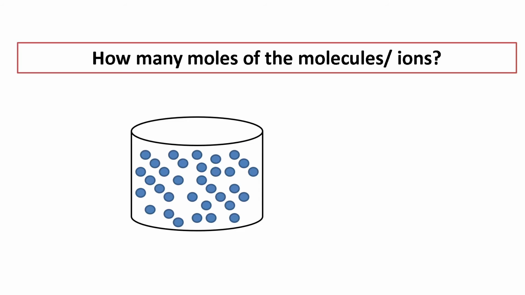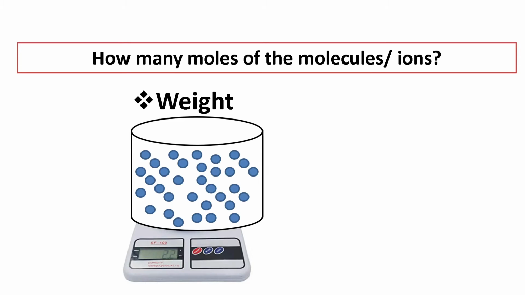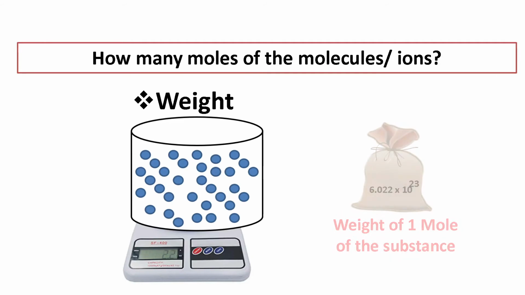So, how do we know how many moles there are in a given amount of a substance? The very first thing we need to know is the total weight of the given substance, and then we must know the weight of 1 mole of the substance.